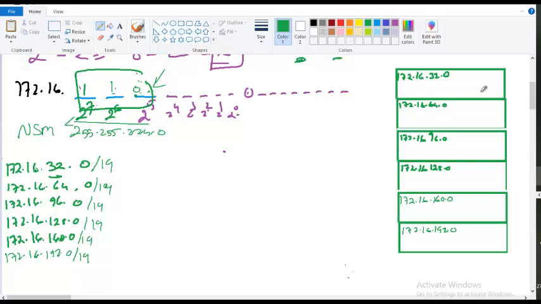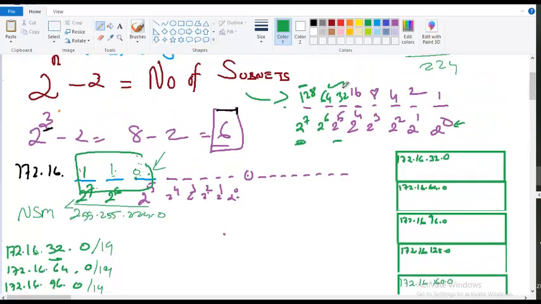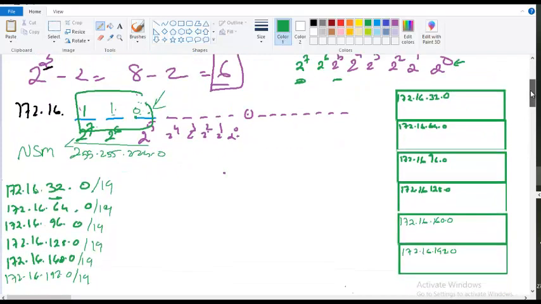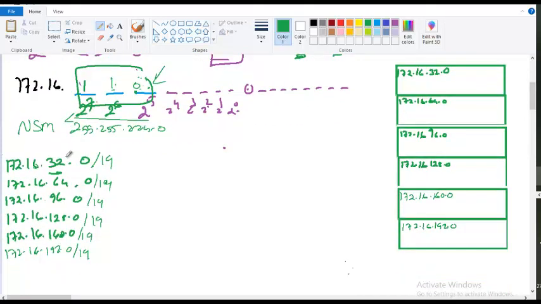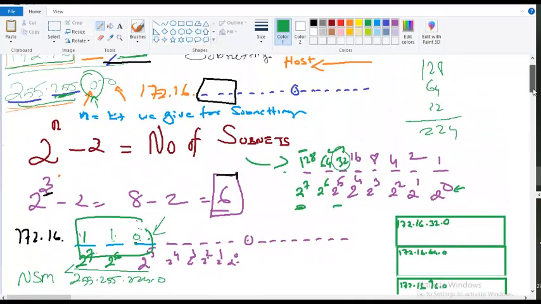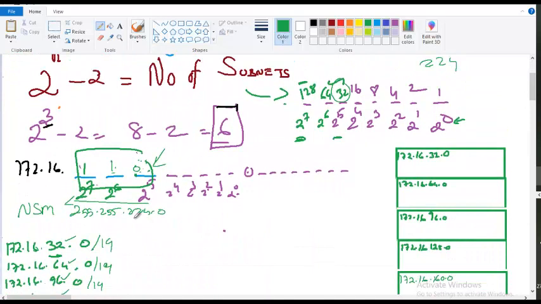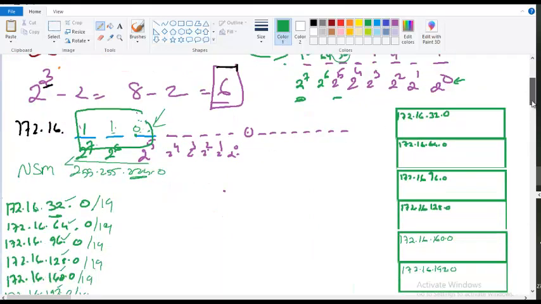What is 2 to the power of 5? 2 to the power of 5 is 32. You just keep incrementing by 32. 32, again 32 plus 32 is 64. 64 plus 32 is 96. Keep adding, adding, adding until you reach this number that you have in the subnet mask, 224.